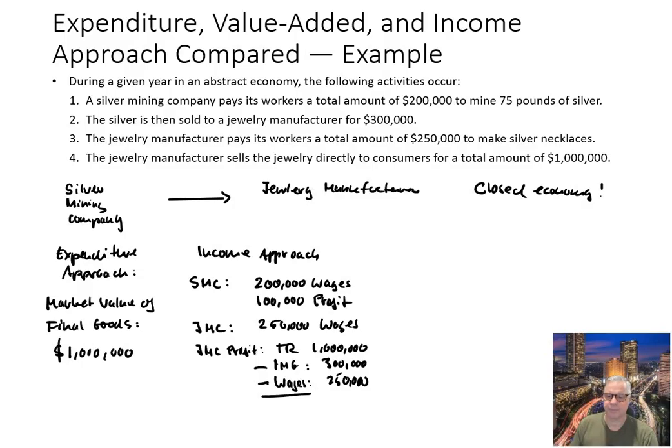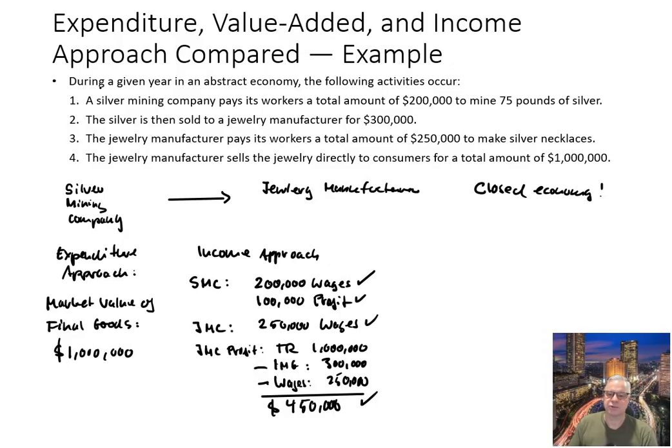Okay, so that leaves us with a profit of 1 million minus 300,000, 700,000, minus 250,000. So that leaves a profit of 450,000.